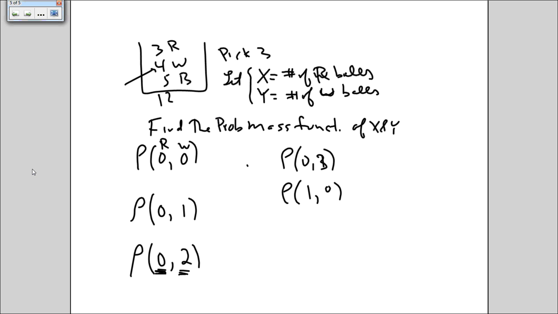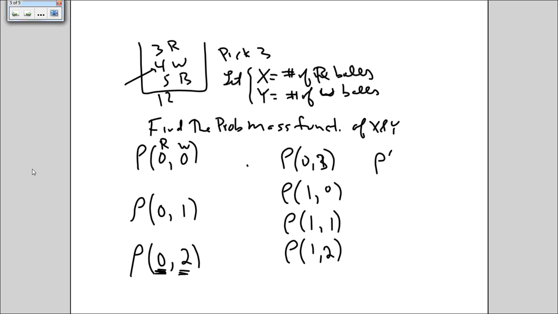You can get no whites, or 1 red and 1 white, or 1 red and 2 whites. That's 3 balls. So you couldn't get 1 red and 3 whites. That'd be 4 balls. Likewise, you can't get 1 red and 4 whites.